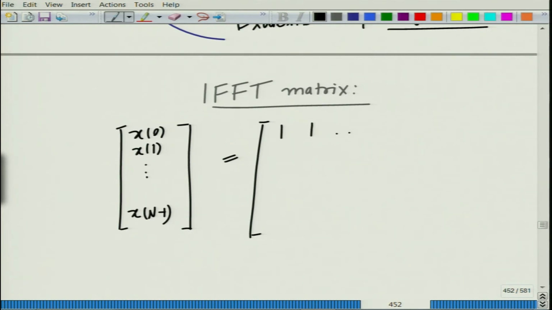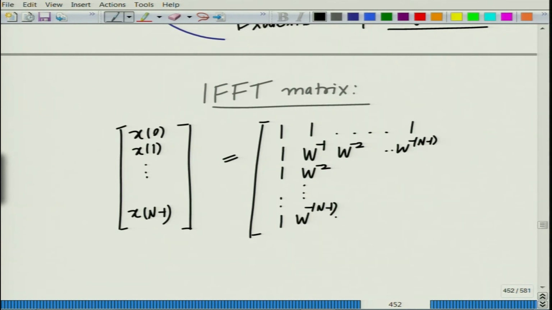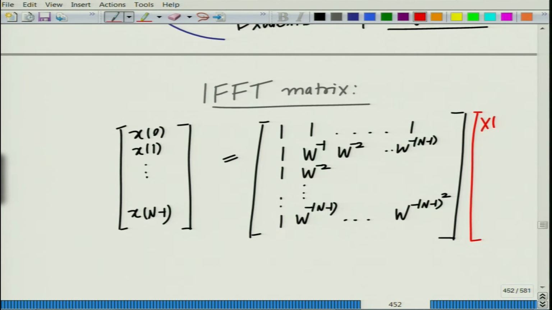So, this will be 1 1 1 1, once again 1 1 1, W raised to minus 1, W raised to minus 2, up to W raised to minus n minus 1, and so on, until W raised to minus (n minus 1) square, and you will have here capital X0.